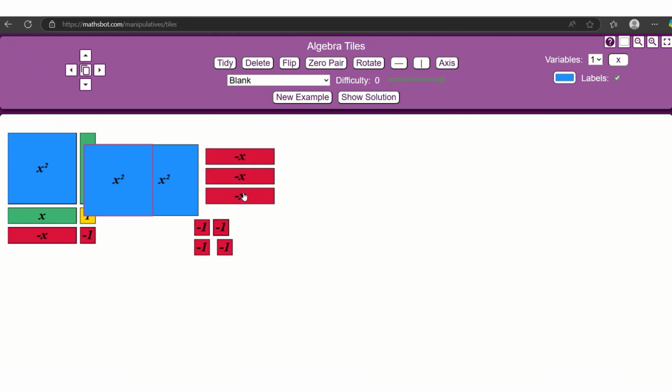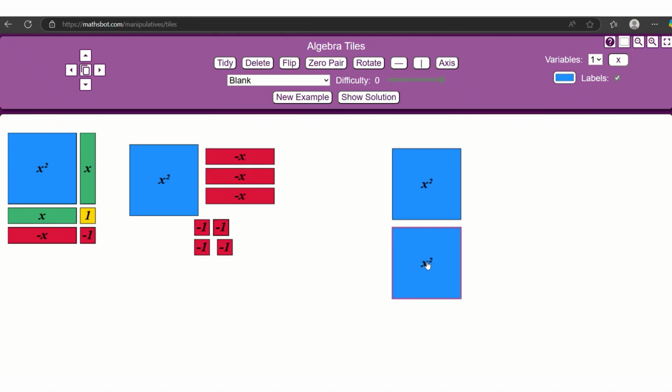And we're adding to that 2x squared plus 5x. I probably should have used the horizontal one. So I grab one of these again.